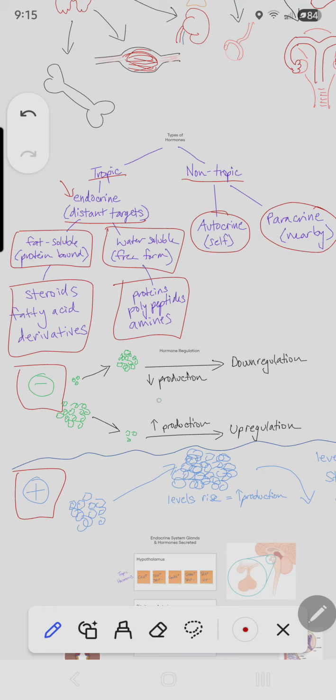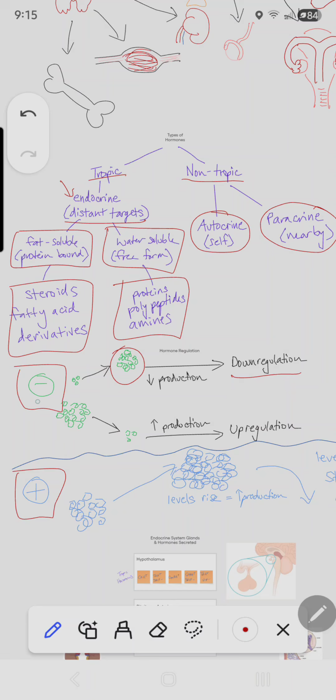Now, this also can lead to something called downregulation, which is where high hormone levels decrease the number of cell receptors or the cell's affinity to the hormone. So if there are too many hormones in the bloodstream, the body can actually help stop absorbing some of it.